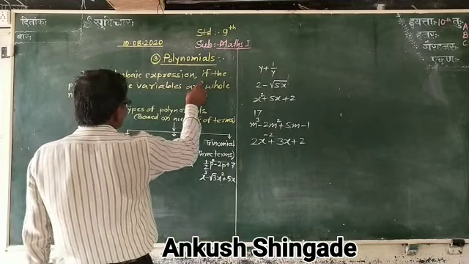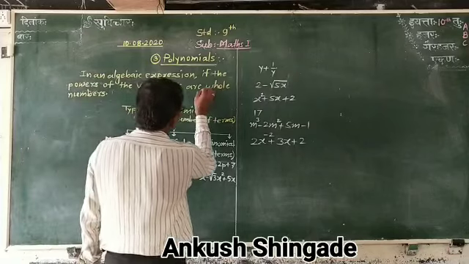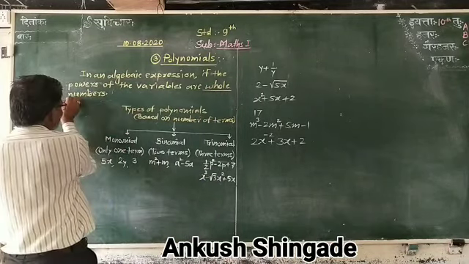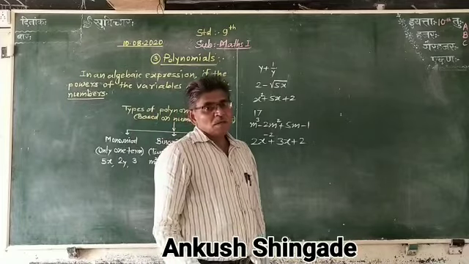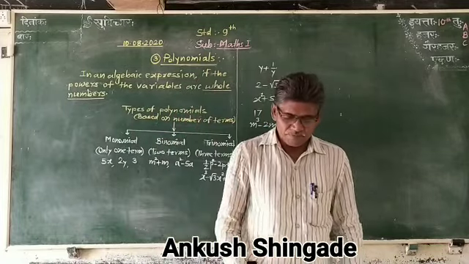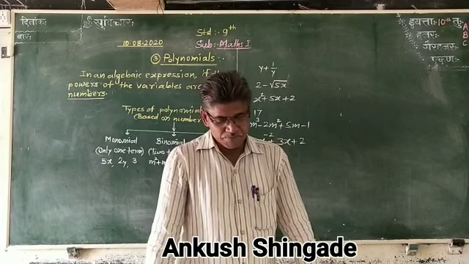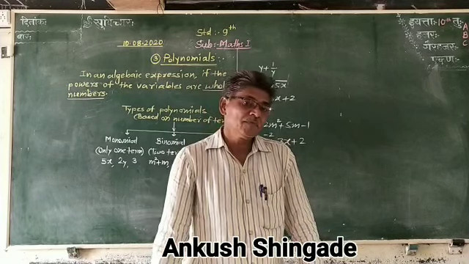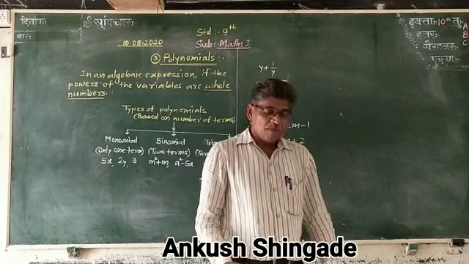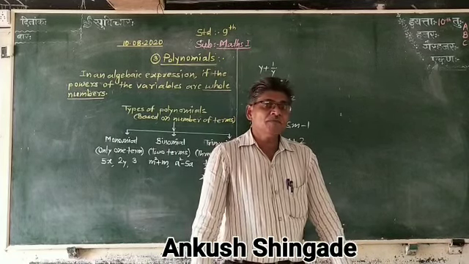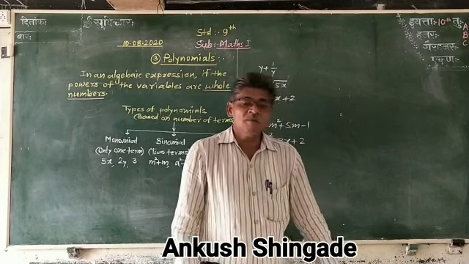In an algebraic expression, if the powers of the variables are whole numbers, these powers should be whole numbers. So find whether the given powers are whole numbers or not.